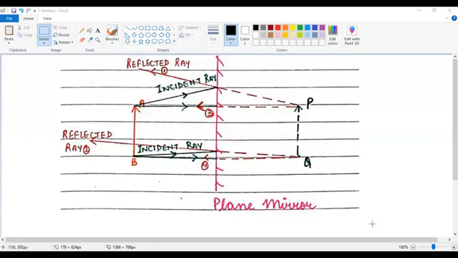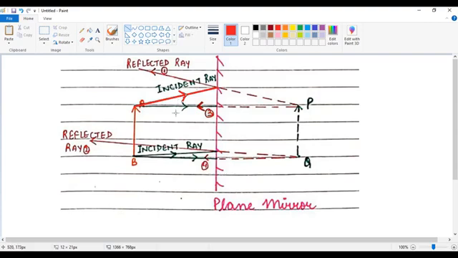Students, kindly take a pencil in your hand and move along the rays which is being told to you right now. Now, students, see, from point A towards the plane mirror, a ray is incident. And for such ray, you have to show the arrow towards the plane mirror.